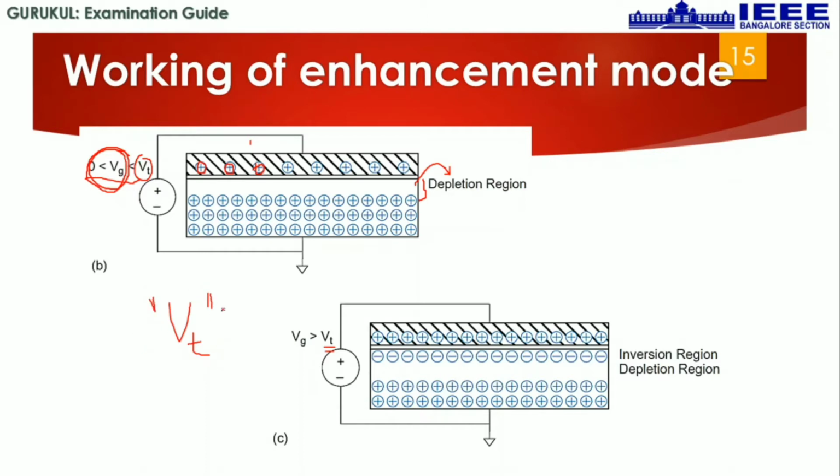Now when I take the gate voltage VGS greater than or equal to Vt, what happens? That is the third step. When Vg is greater than Vt, you are giving more and more positive voltage, so more and more positive charge accumulates in the gate. Because there are more holes here, they repel the holes.